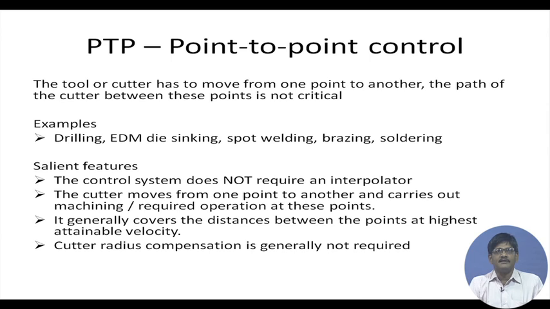The distance between these points is generally covered at the maximum possible velocity. Why? To save time. We are not cutting, so there are no cutting forces involved during the movement from one point to another. So, why not employ the highest possible speed? And things like cutter radius compensation are generally not required in these operations.